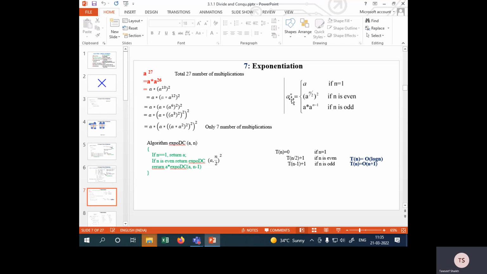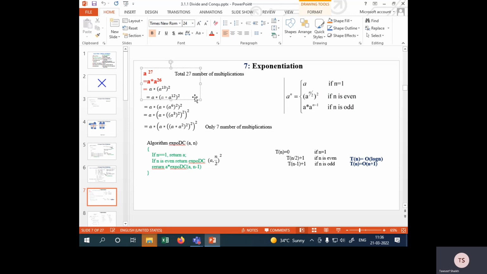The second condition is if n is even, like here a to the power 26, n is even. So at that time a power n is equal to a power n by 2 whole square, which means a power 26 divided by 2, which will be 13, and its square.